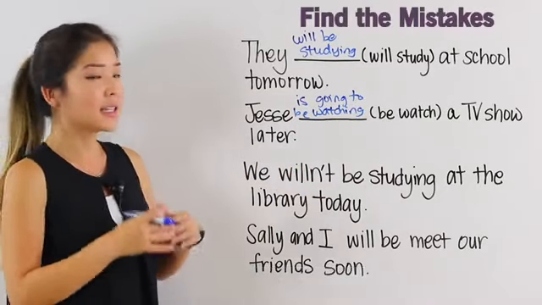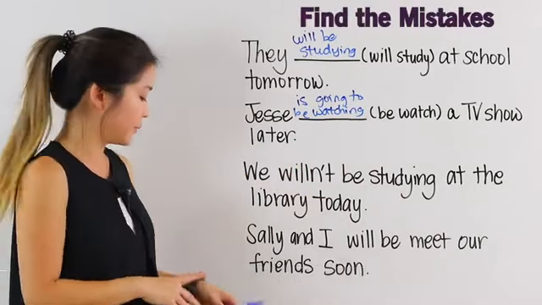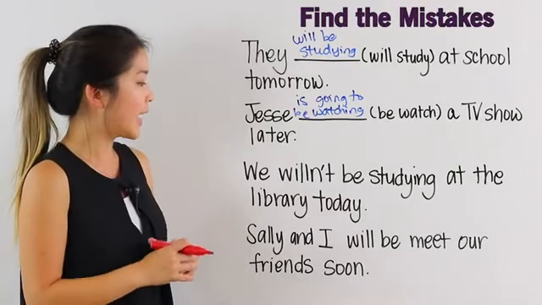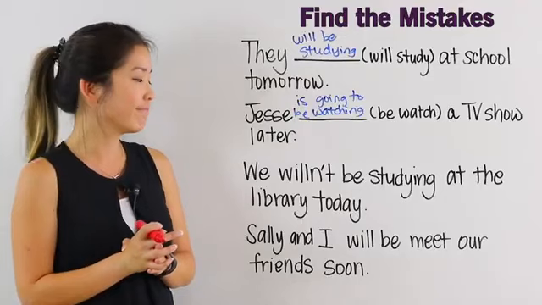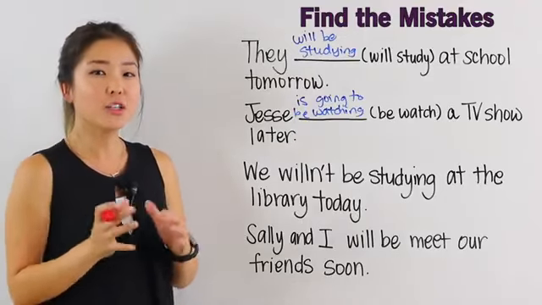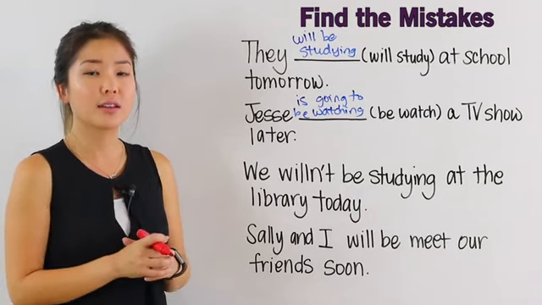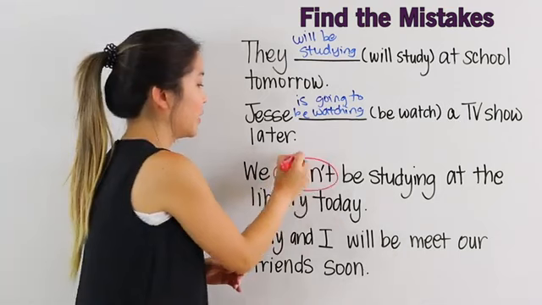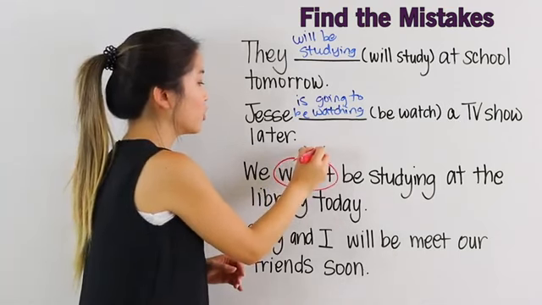The next sentence, I want you to find the mistake. We willn't be studying at the library today. We will not. What's the contraction for will not? Well, it definitely isn't willn't. The contraction is won't.